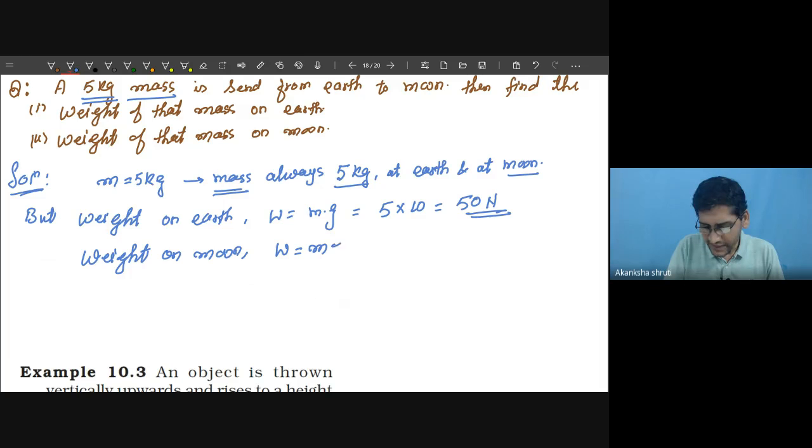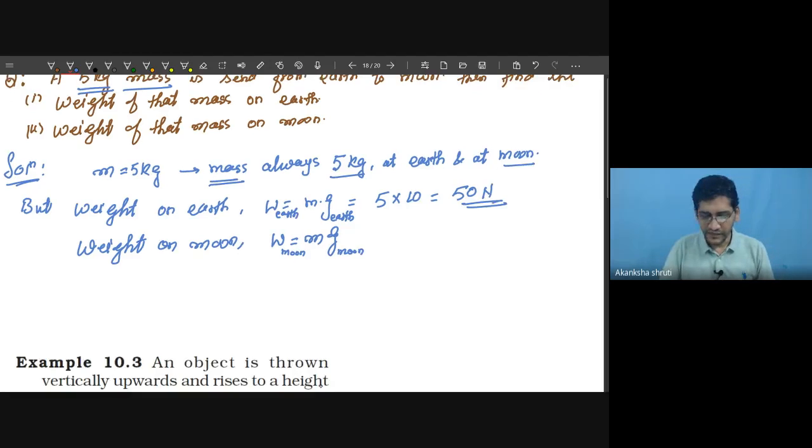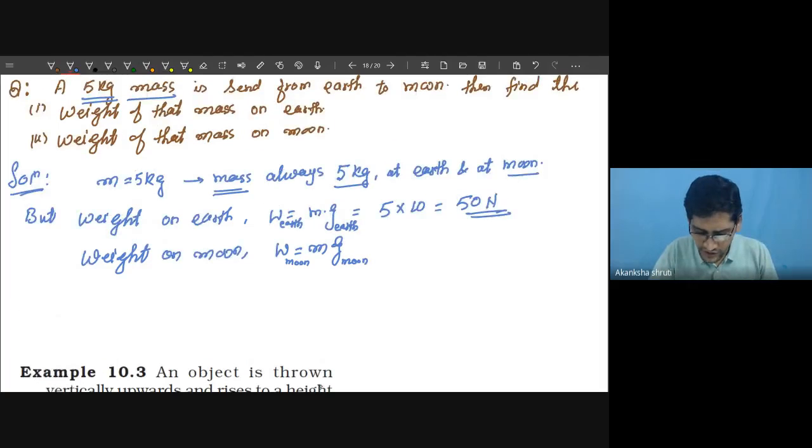The mass remains the same. Now the g of moon we need to take. Earlier we had taken g of earth. To make the difference, use the suffixes W moon and W earth. So W moon is given by the mass, which remains 5, and g, which becomes 1.6, so it becomes 8 Newton. So this much is the difference.